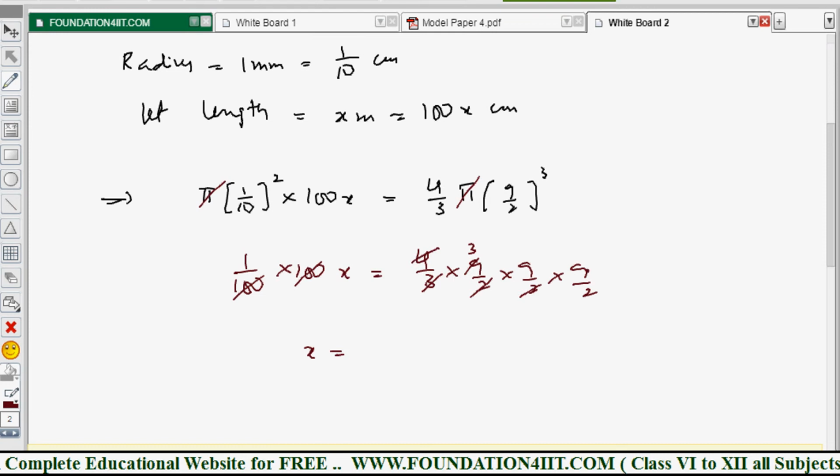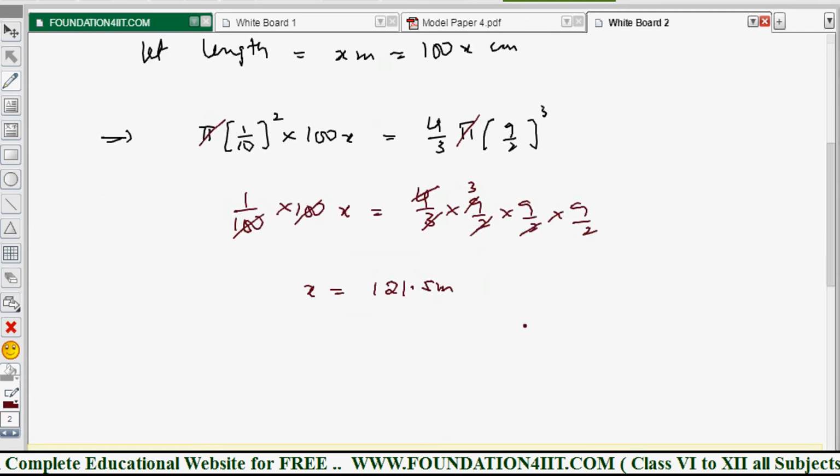Then 3 into 9 by 2. Finally you get 121.5 meters. So the length of the wire is 121.5 meters, because x is taken in the form of meters. Okay, you can solve in this way.